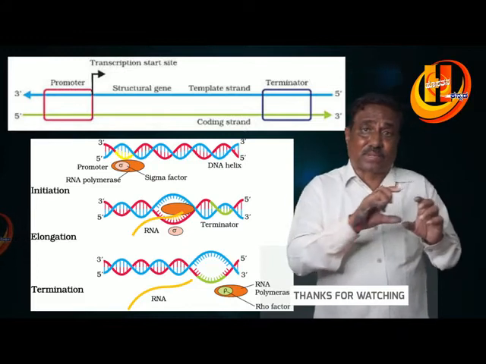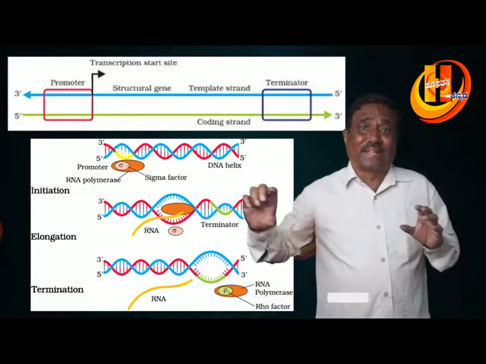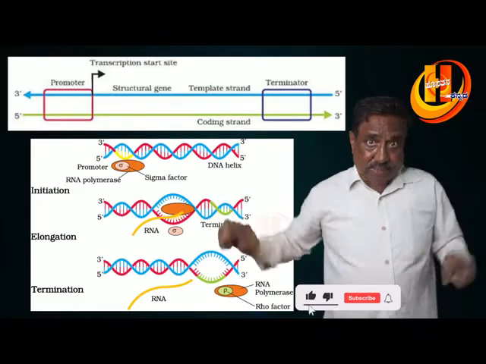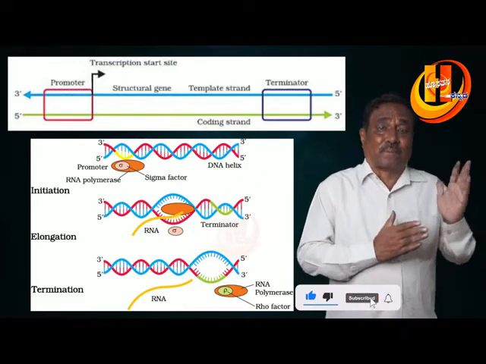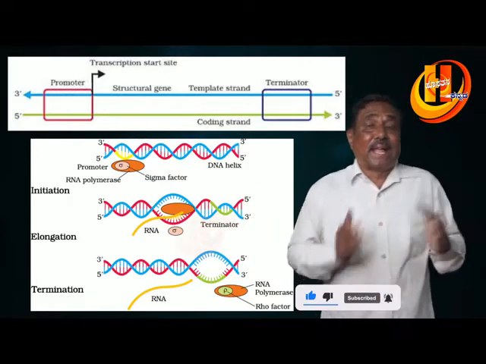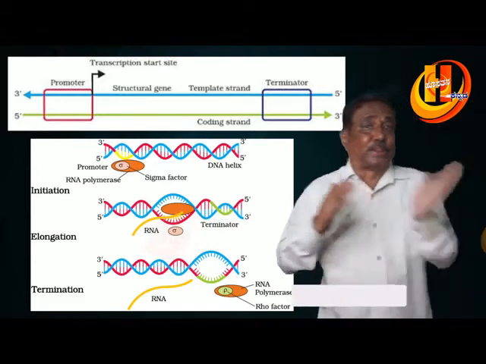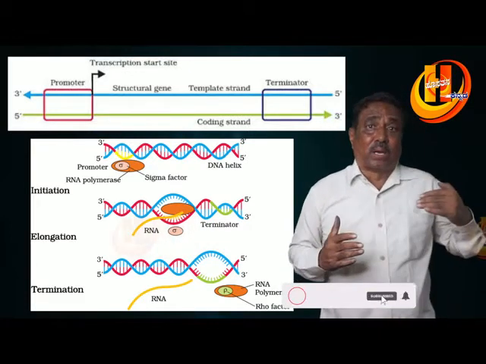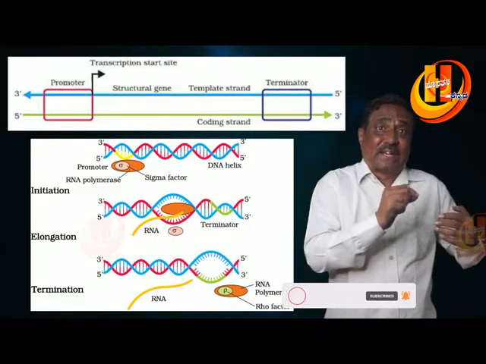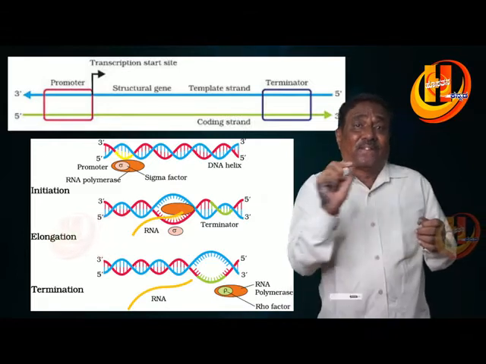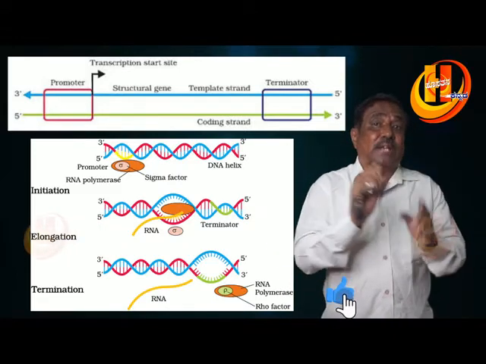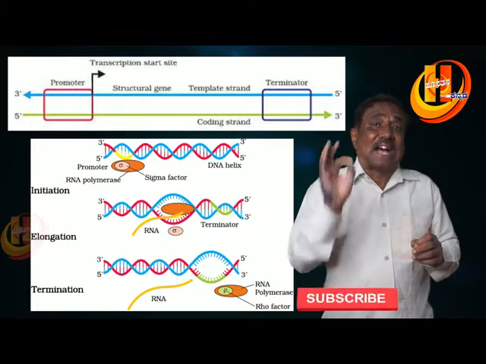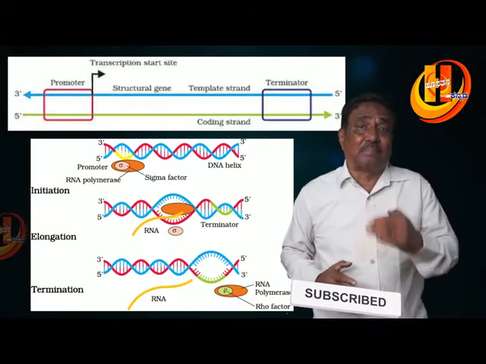It starts from the structural gene and moves towards the terminator gene, that is from 5' end to 3' end. As it moves from 5' end to 3' end, a new strand is formed from 3' end to 5' end, that is called mRNA.